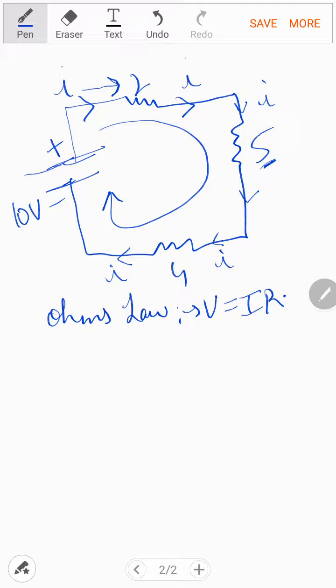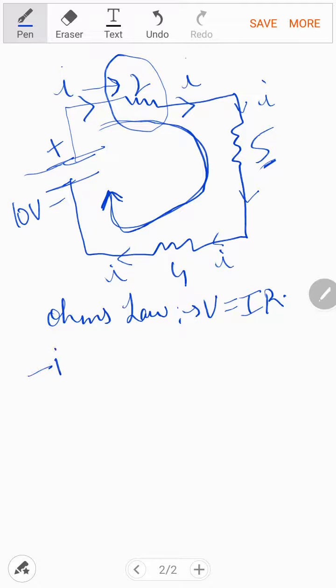Say we move in a clockwise direction, that is this direction. We have to take the sign convention into account. This means that if we are moving along the direction of the current, then the voltage drop here we will take with a negative sign.